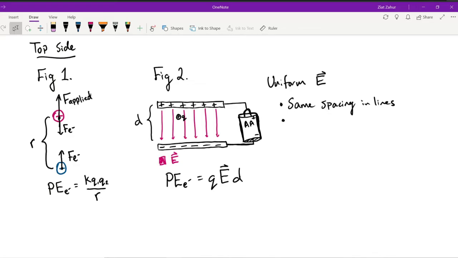The spacing between the lines has to be equal. And then the direction has to be the same, of course. So same direction. Same magnitude.